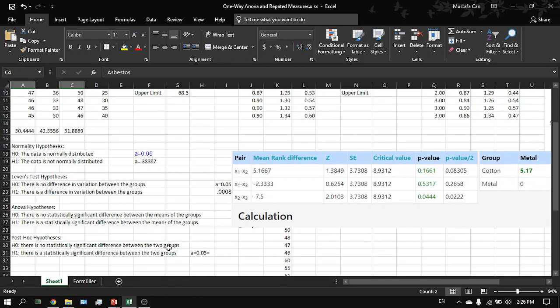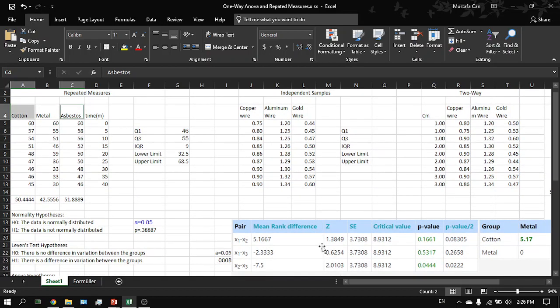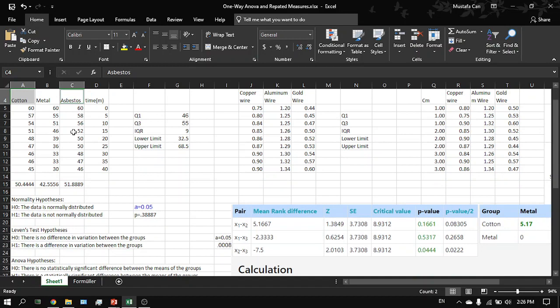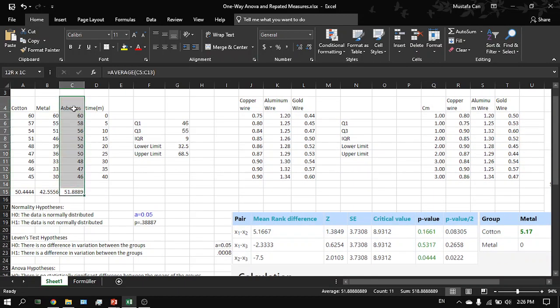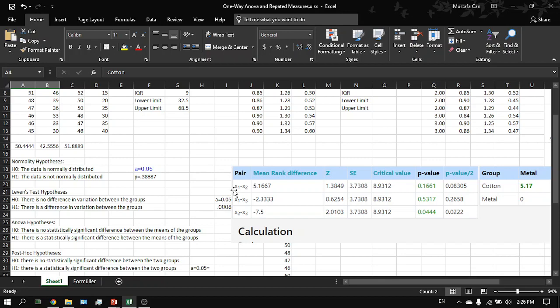And I come to the third part, group 2 and group 3. We see that group 2 and group 3 have a significant difference. See what I mean by comparing the two groups? We'll have to do these to decide if these two are significant amongst themselves.